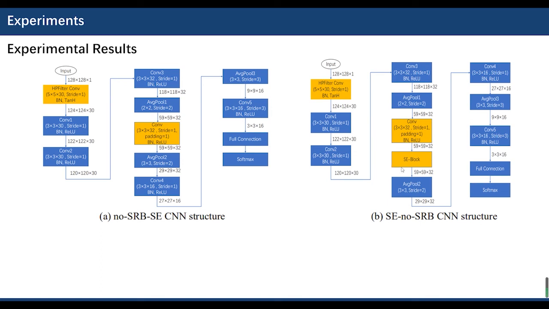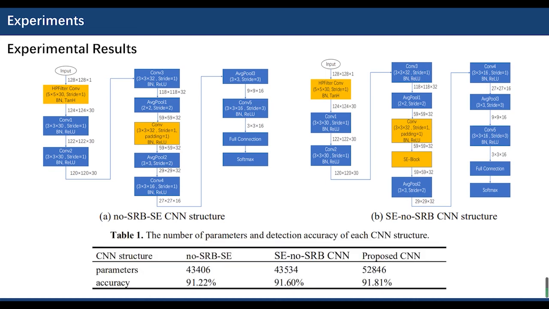The number of parameters and the detection accuracy of each CNN are listed in Table 1. We can see that the CNN without the Steganalysis residue block and SE block owns the fewest parameters but also the lowest detection accuracy. After adding the SE block to the CNN, the detection accuracy can be improved.